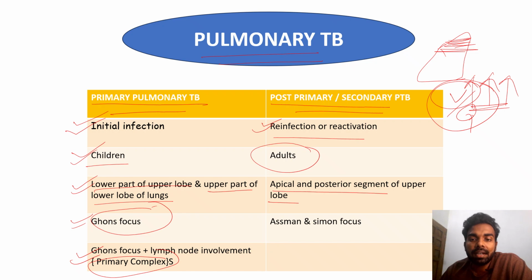Since ventilation is very high, TB has a high chance of infecting the upper lobe. And the focus or the calcified infection here is called the Assmann or Simon focus.